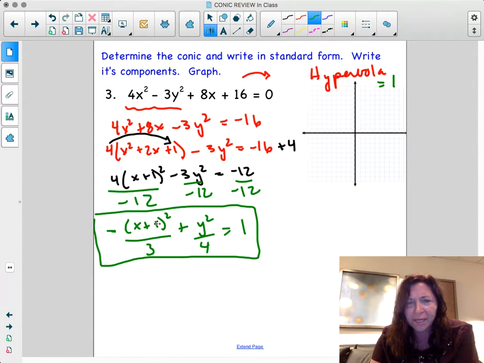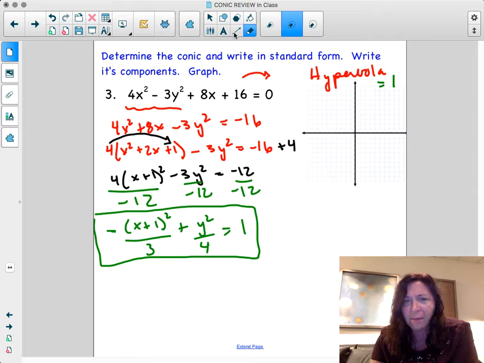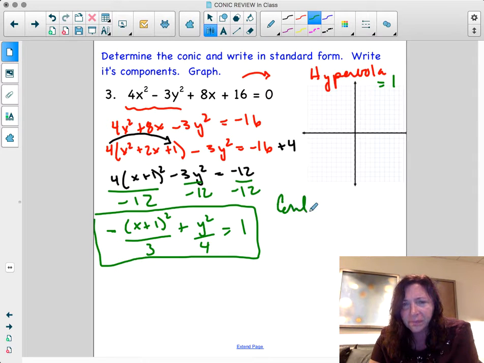It also means that my center, not my vertex, my center, is going to be at negative 1 comma 0. In the x direction, I'm going to go the square root of 3, so the square root of 3 left and the square root of 3 right.